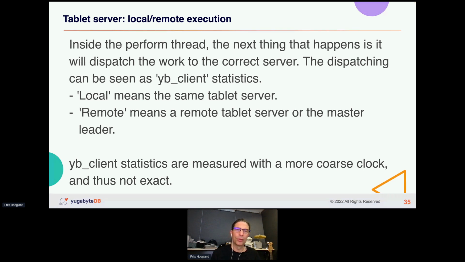So local doesn't mean the same host, but it means the same tablet server. And remote means a remote tablet server or the master leader it needs to communicate with. There is a downside: YB client statistics currently are measured with a more coarse clock than the other statistics, so these can deviate a bit from the other statistics, which are measured with a more granular clock.